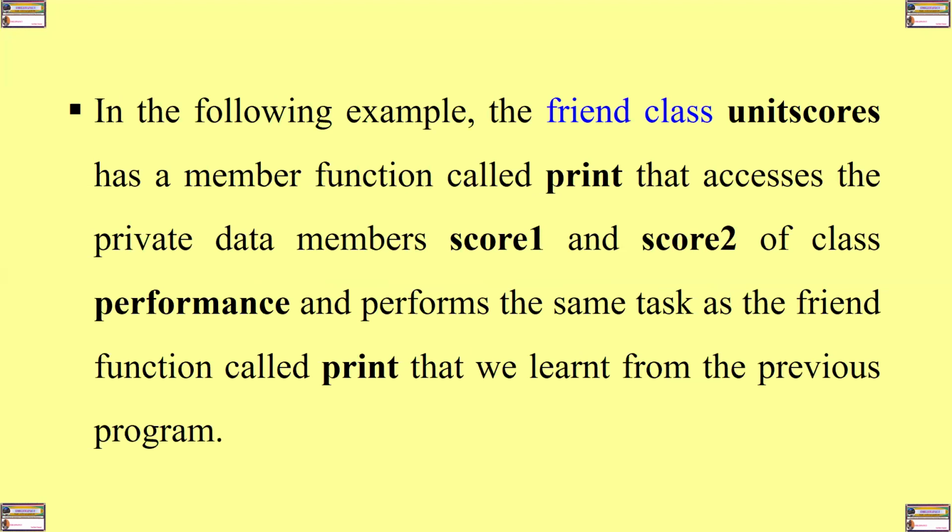In the following example, the friend class called UnitScores has a member function called print that accesses the private data members called score1 and score2 of the class called performance. And it performs the same tasks as the friend function called print that we learned in my previous presentation.